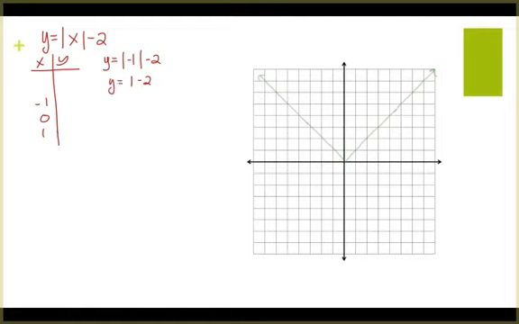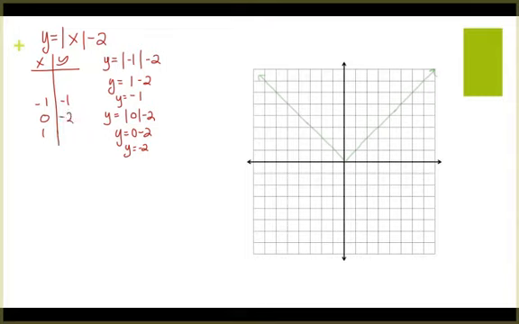This time that number -2 is outside, so it does not get affected by that absolute value. It gets done afterwards. Let's see, so -1 is -1, and then y equals absolute value of 0 minus 2, so that's -2.